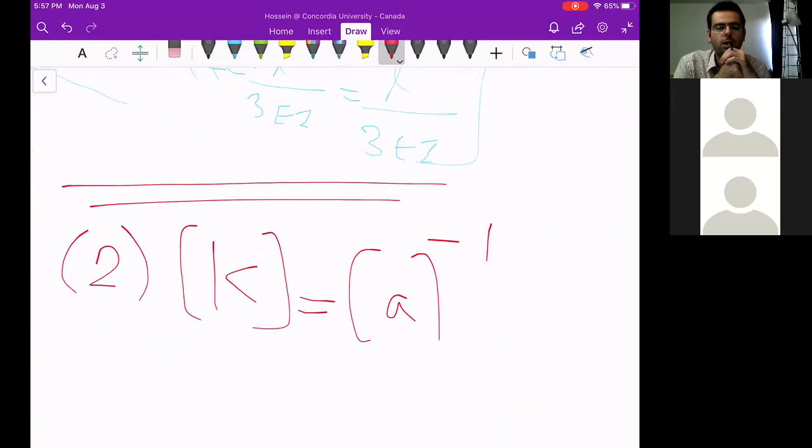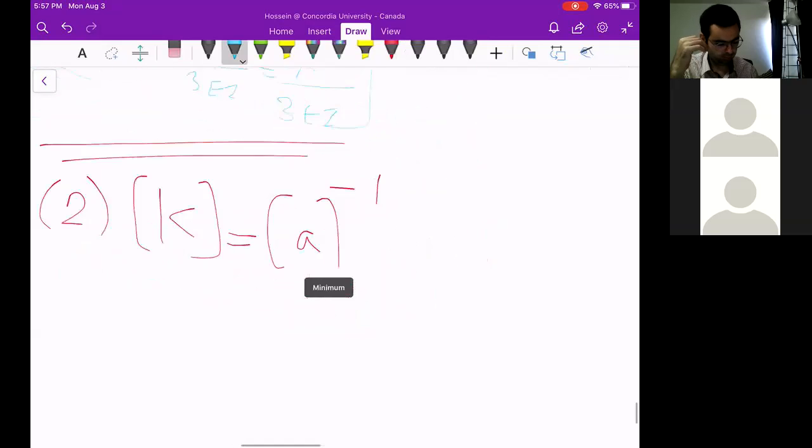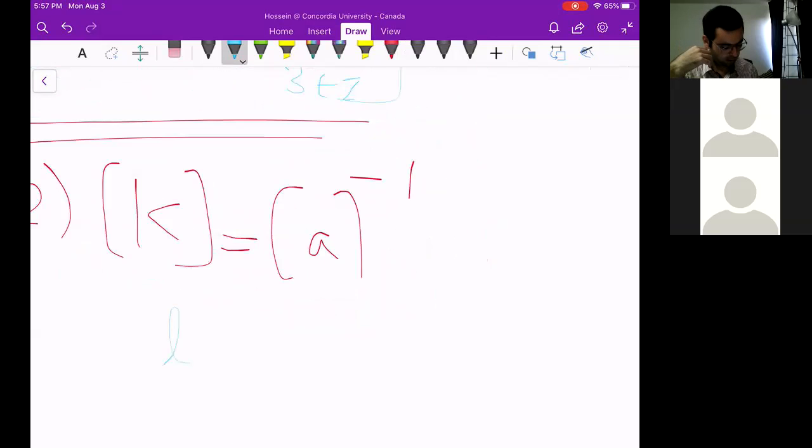So you can factor out the constant number from all of the entries. The constant number from all of the entries is L cube over 192.